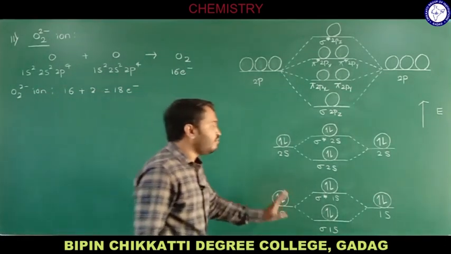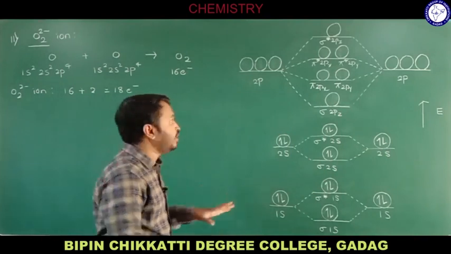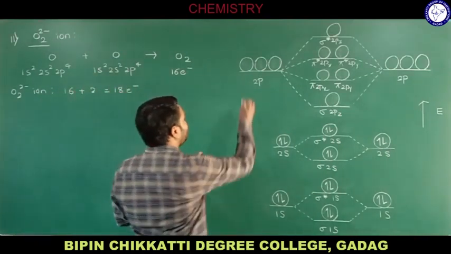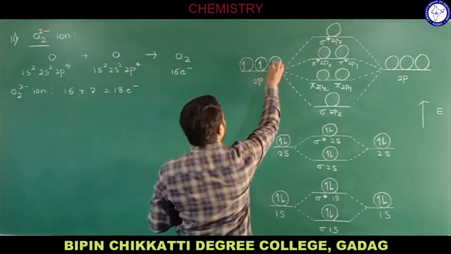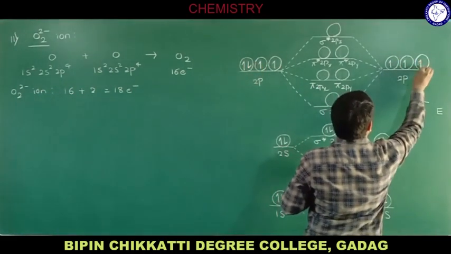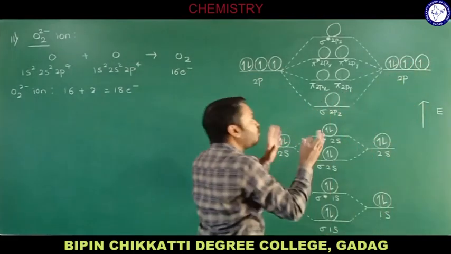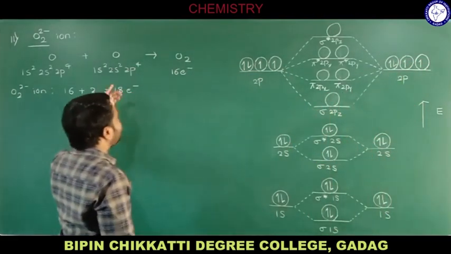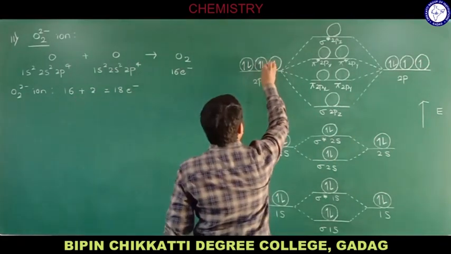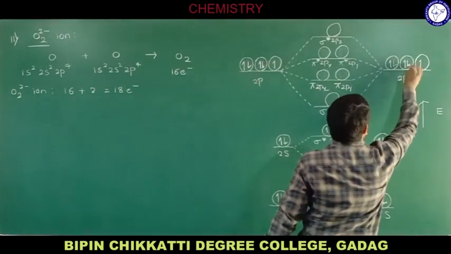The 1s and 2s molecular orbitals I filled already, because the very important part is the 2p section here. So let me write 4 electrons and 4 electrons. This is for the oxygen molecule, but 2 electrons have been gained. Therefore 1 electron I write here and 1 electron here.